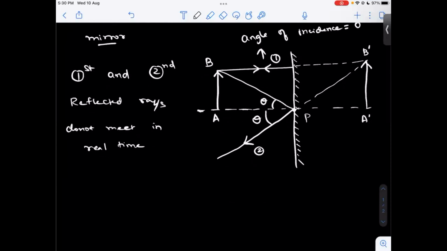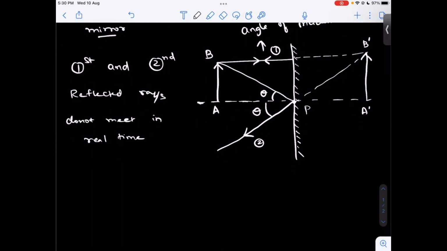From this, what is the important point that we can conclude? That plane mirrors form what kind of image? They form a virtual image.